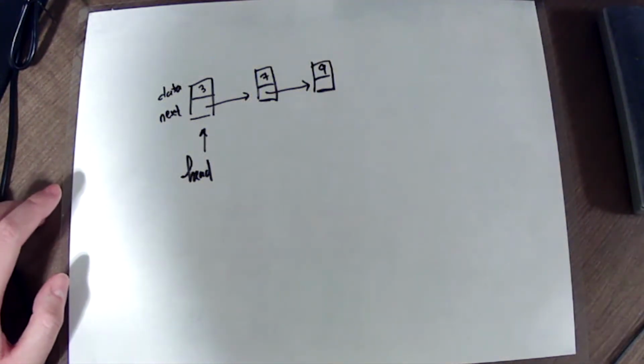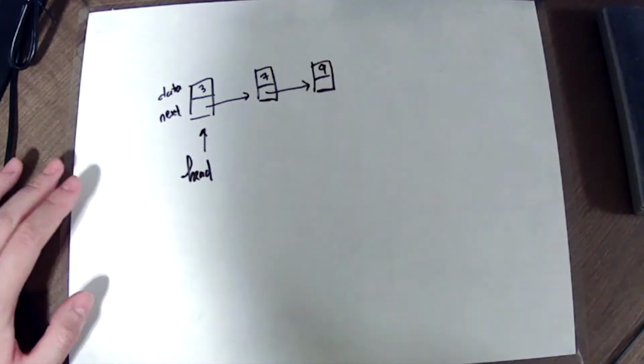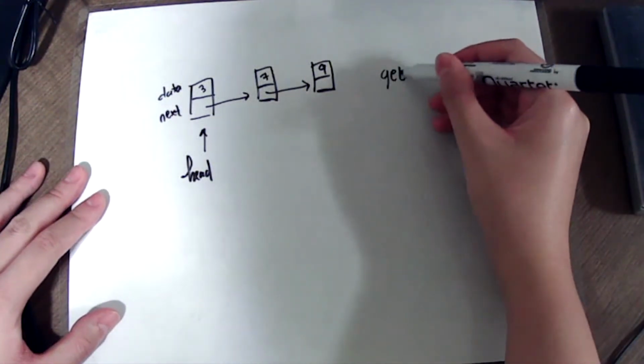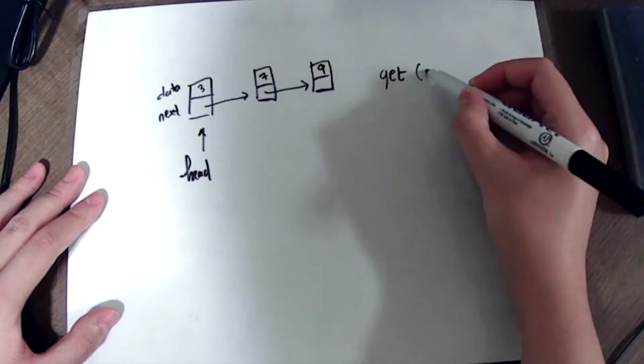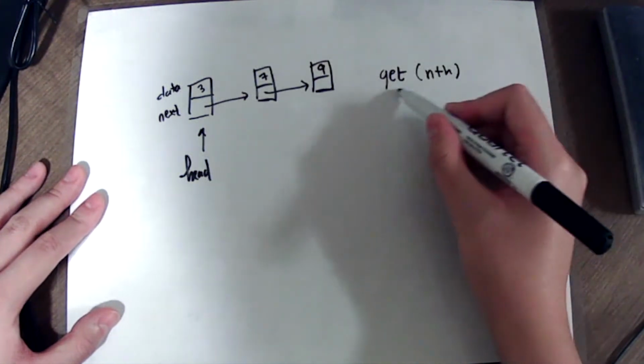So in this linked list, what we can do is there's a get nth element, right?